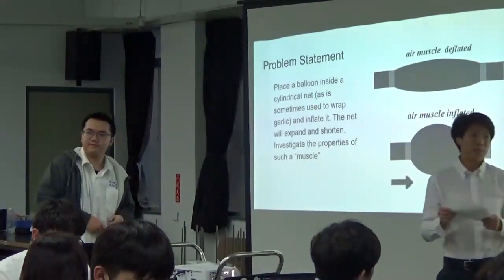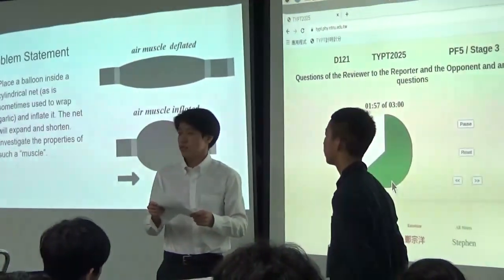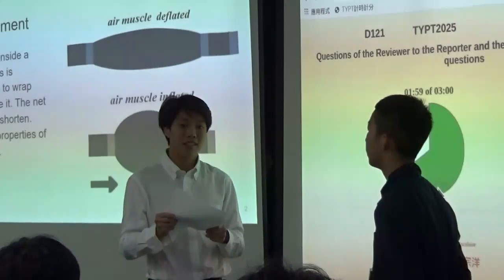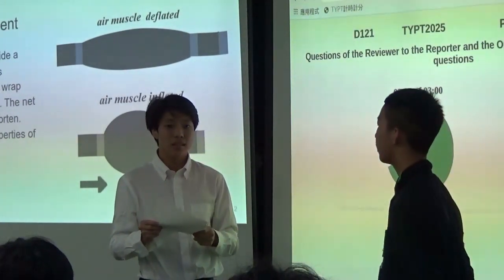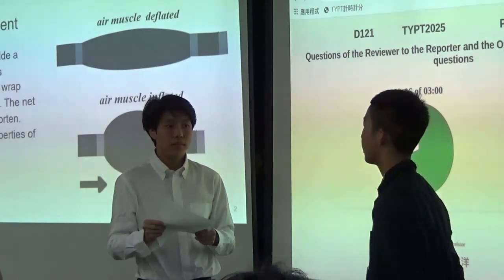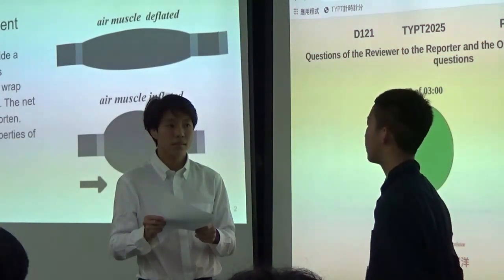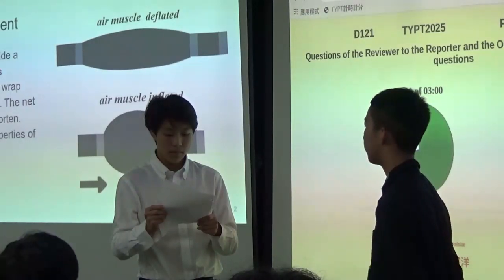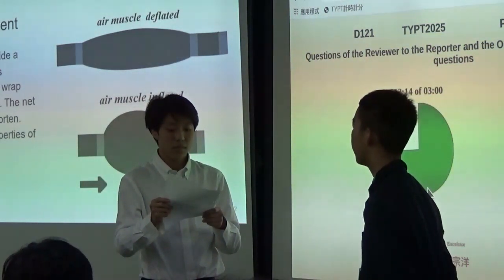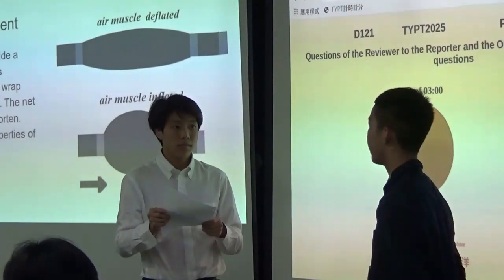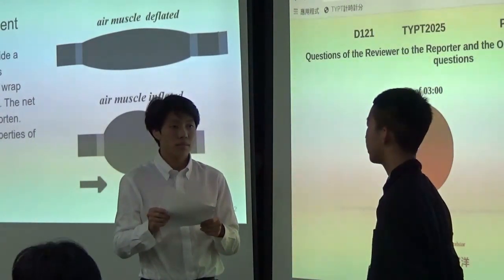When you mentioned that they missed a lot of measurements, what are the parameters? What's the most important parameter? We think it's the length of the cylindrical net, because if it is shorter, it generates a bigger force, since the net limits the balloon and generates a tension, which has a force.